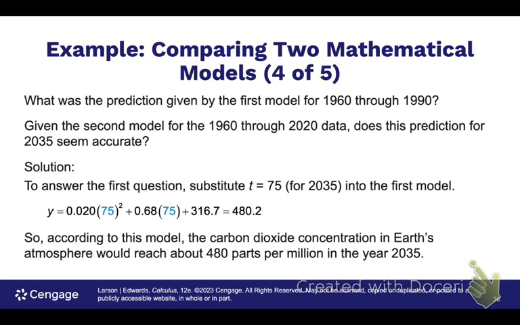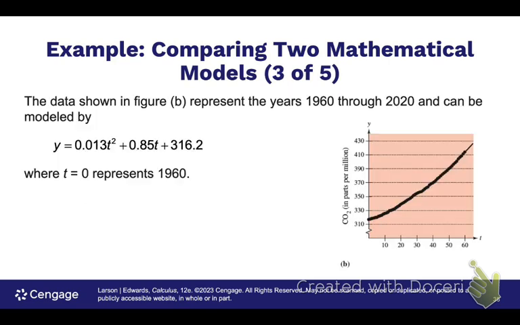Okay, what was the prediction given in the first model for 1960 through 1990? Those were just predictions. So 1990 would be where? 70, 80, 90? 30. So what do you think our prediction is? 350. Okay, so there's our prediction if I just use the model.